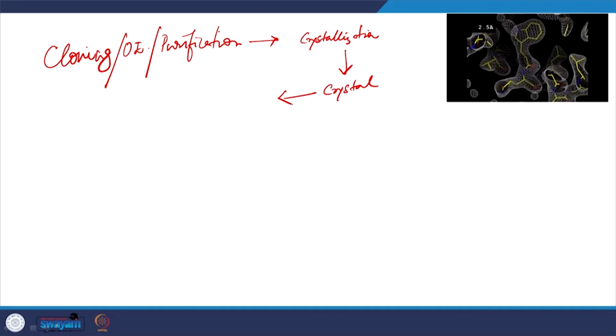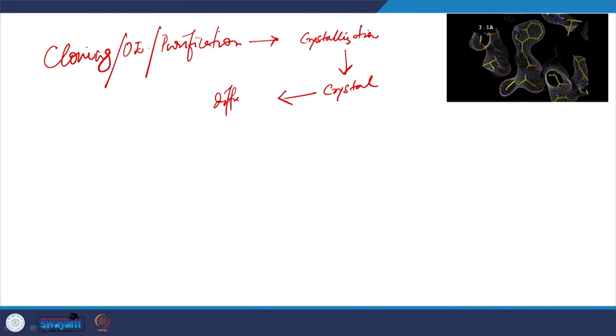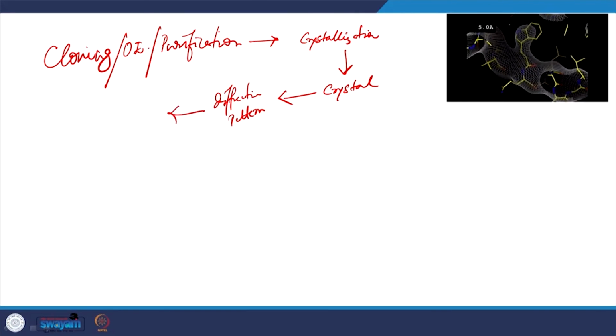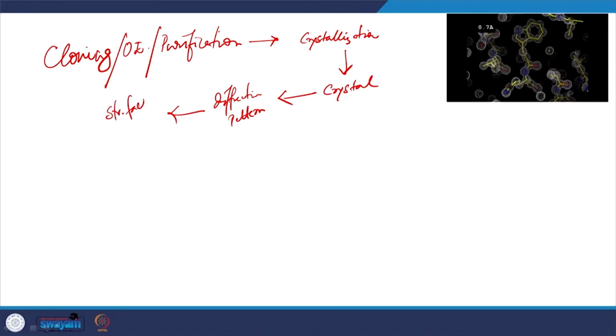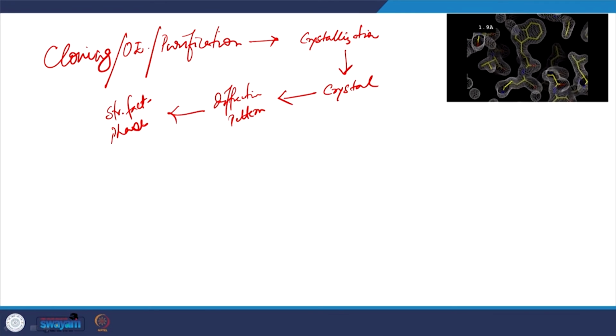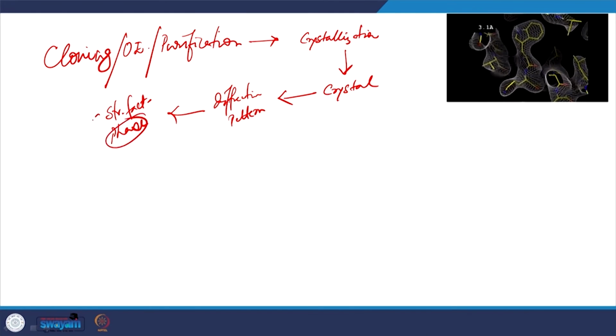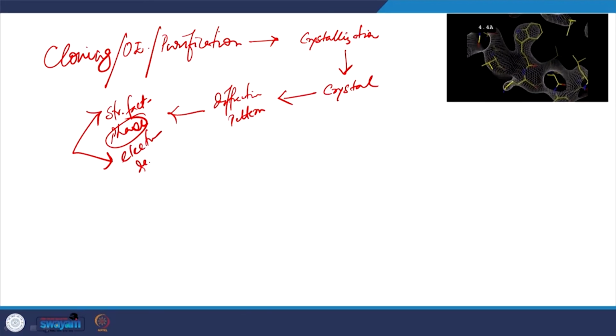So, we use the crystal for the diffraction pattern. From the diffraction pattern we get the structure factor as well as the phase, so we have two components in the structure factor, amplitude and phase, and electron density.